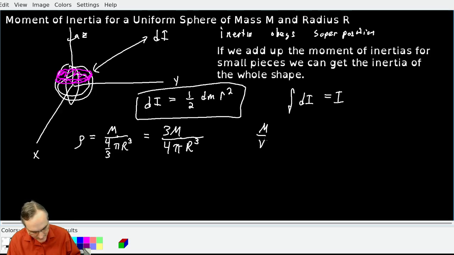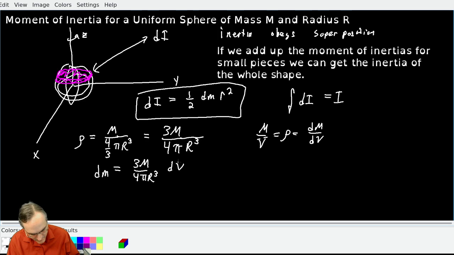So here we have m over V to get that density, and that will be equal to dm over dV. So dm is going to be 3m over 4 pi full radius cubed times the volume of our disk. The volume of the disk is pretty easy. It's going to be the area of the disk times its height, which we will call dz.